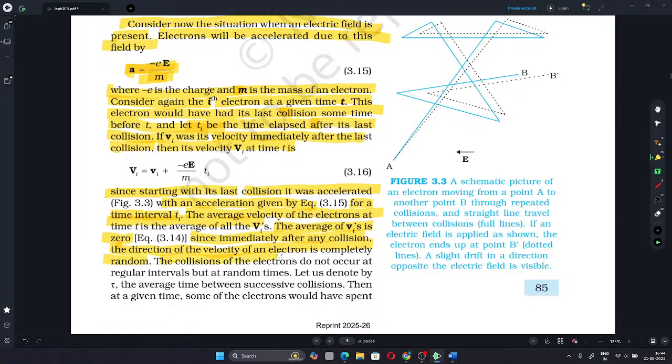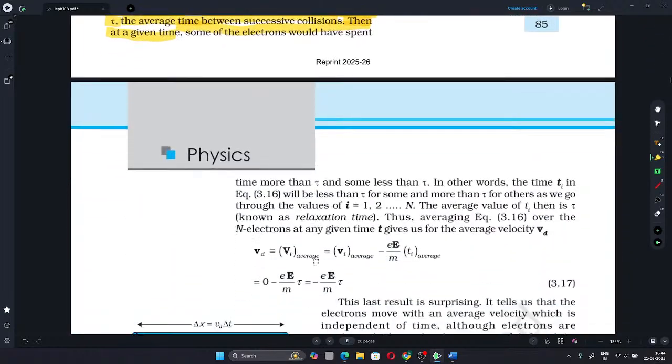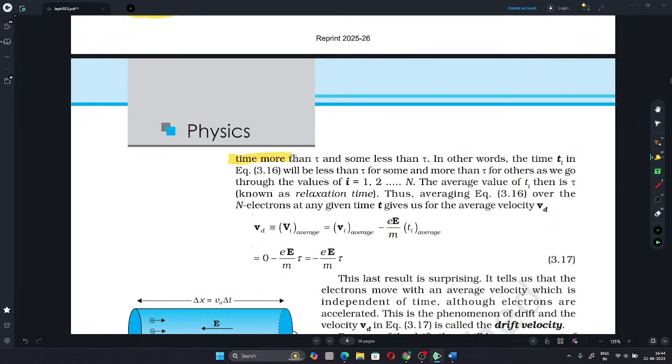The collisions of electrons do not occur at regular intervals but at random times. Let us denote by tau the average time between successive collisions. Then at a given time, some of the electrons would have spent time more than tau and some less than tau.